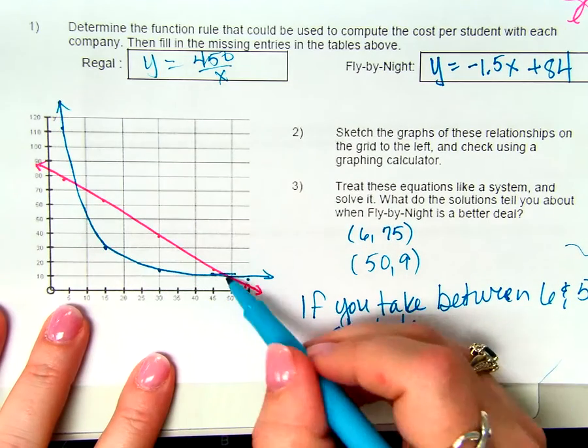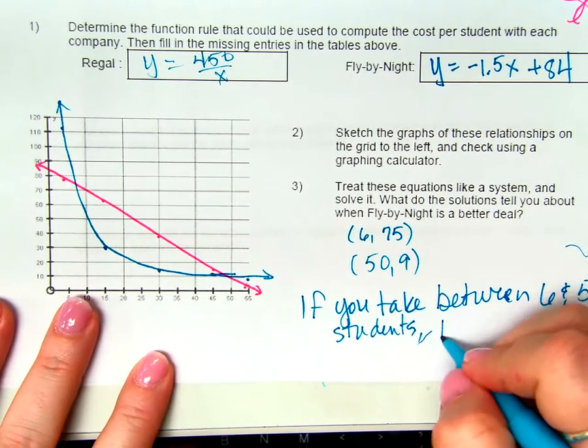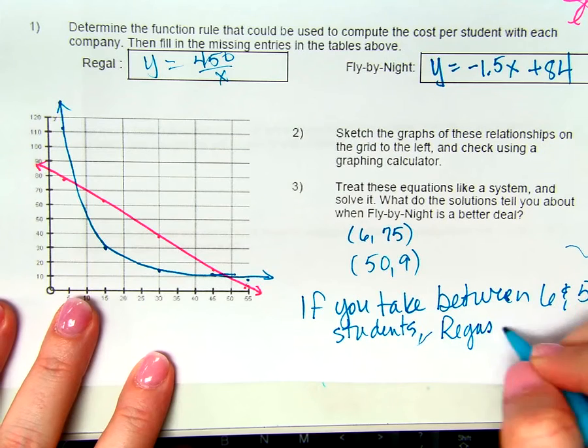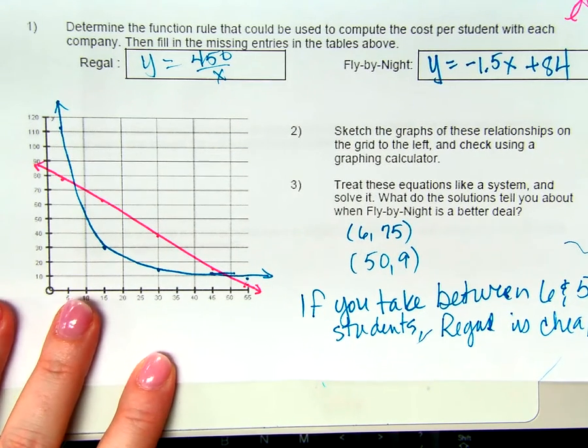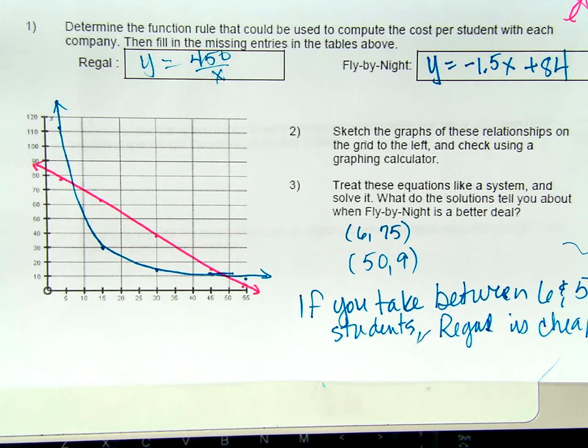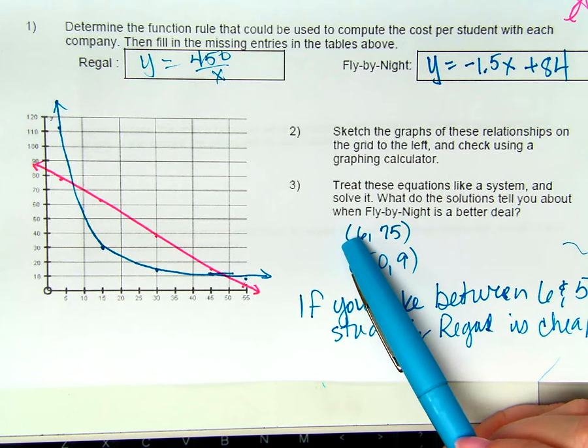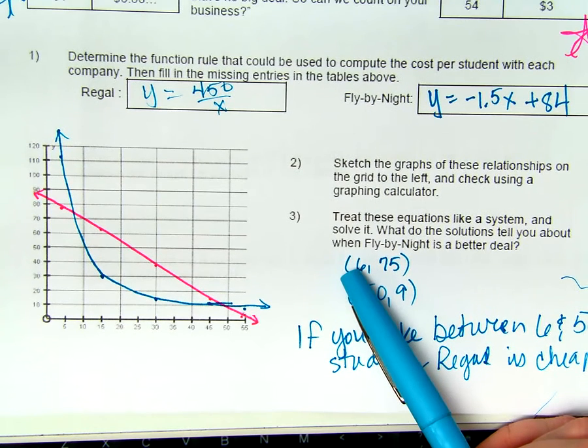From here to here, Regal is cheaper. Is Fly-By-Night ever cheaper? If you take... No. If it's less than 6 or more than 50.